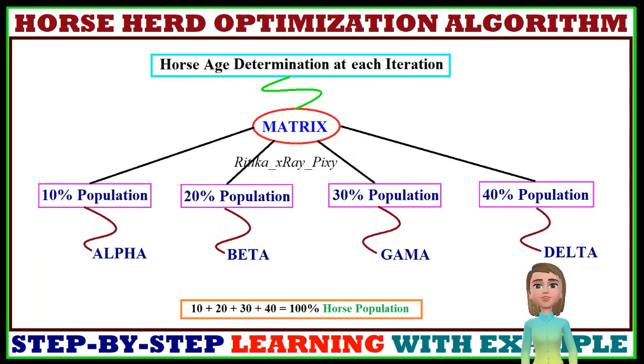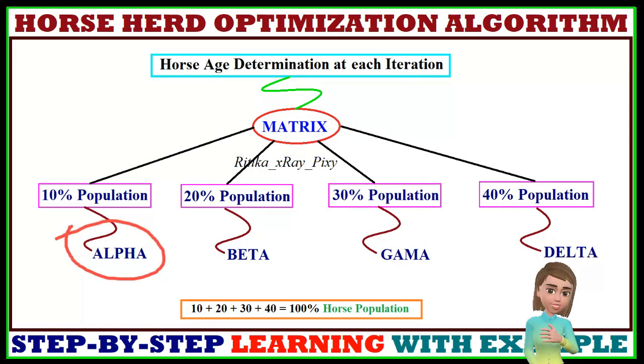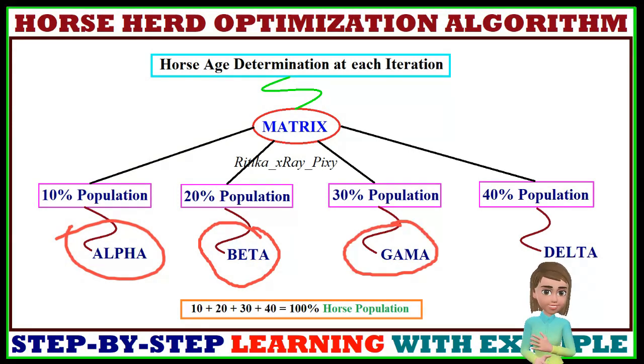In the horse herd optimization algorithm, horse age is determined at each iteration and a matrix is created, and in the matrix the top 10% of the population is considered as alpha horses, the next 25% as beta horses, the next 30% as gamma horses, and the last 40% as delta horses.